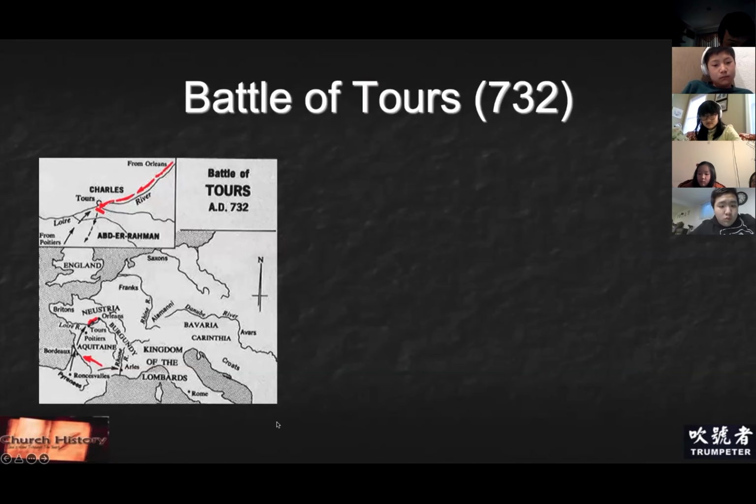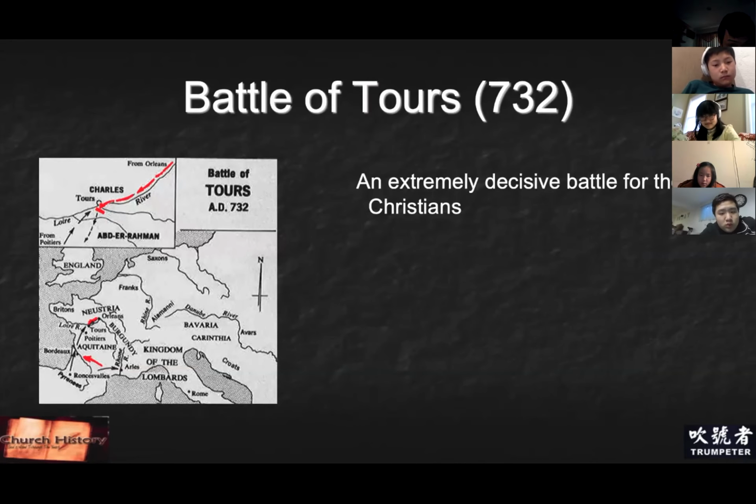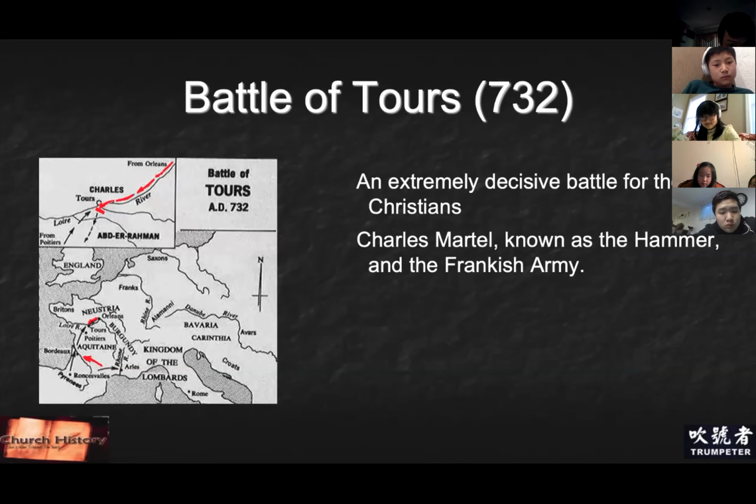Last week we talked about the Battle of Tours. Without this battle, Europe would all be under the control of Muslims, right? That was in 732, stopped by the French king. So this is very significant. That's already a background of this fighting between the West Roman Empire, with the Romans, and Muslims before the Crusades.